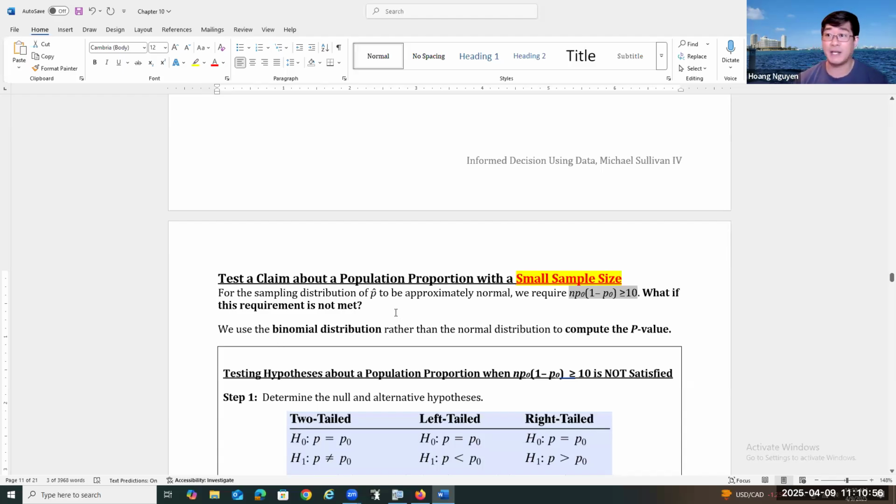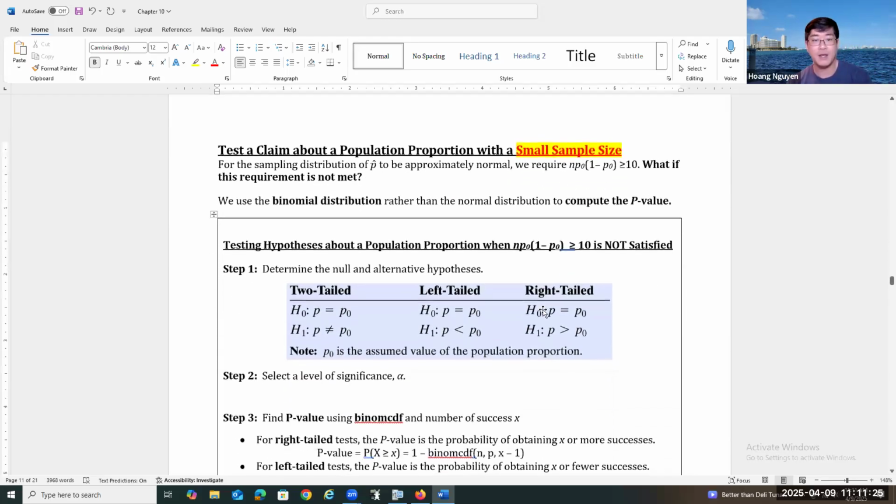If it is not met, the distribution of the sample proportion p-hat is not normal, so you cannot use the normal distribution to calculate the probabilities or p-values. We're going to use the binomial distribution, binomcdf, rather than the normal distribution to compute the p-values.